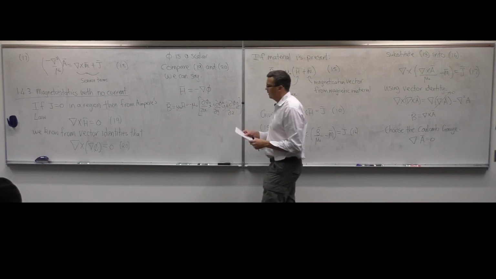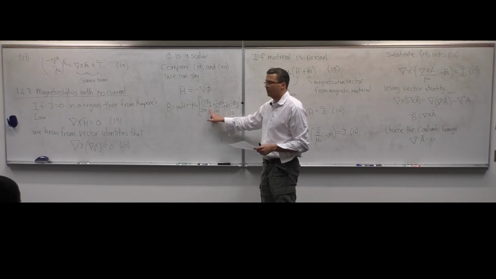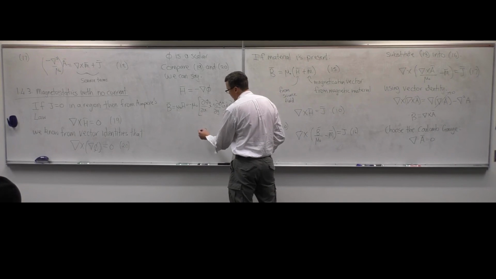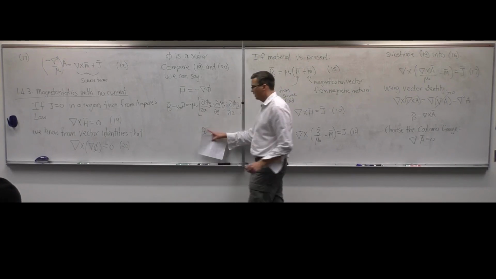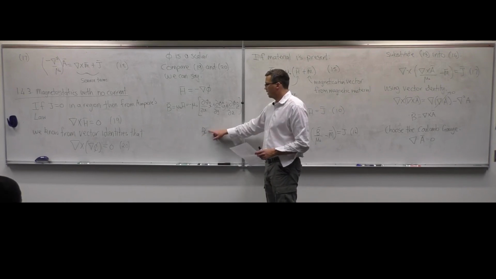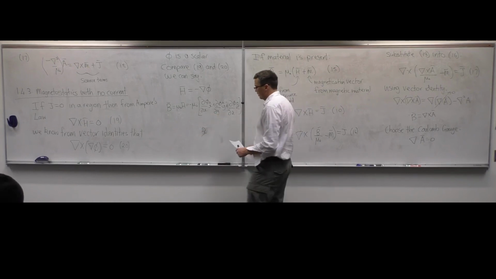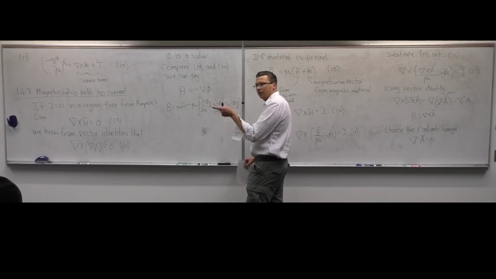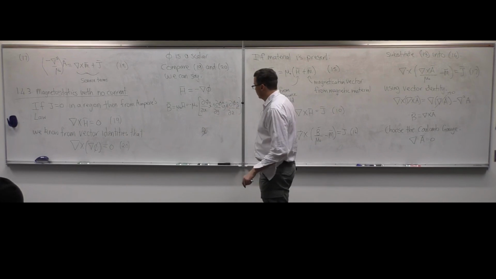I don't know if I said, but I'm using the convention that if I put a hat on it like this, that's a unit vector. So it's only pointing in the x direction. So it would have a value of 1 in the x direction, and it's got a value of 0 in the y and z.